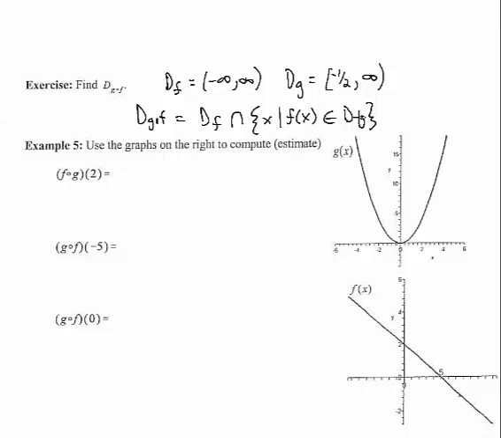If it's not in the domain of g, then we won't get an output in the end, no matter if we have an actual real number f of x. Okay, this tells us what we want to compute. This we can write in a different way.